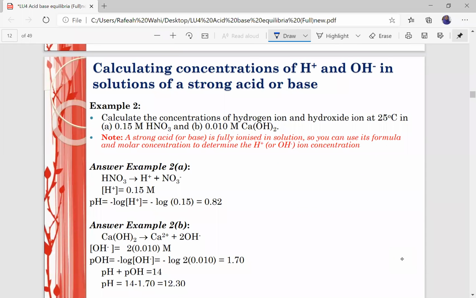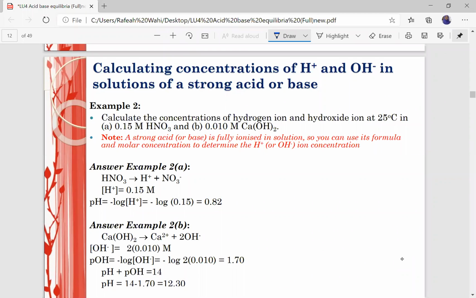Next question. Calculating the concentration of H plus and hydroxide ion in a solution of a strong acid or base. So calculate the concentration of H plus ion and hydroxide ion in 0.15 molar of nitric acid and 0.01 molar of calcium hydroxide.